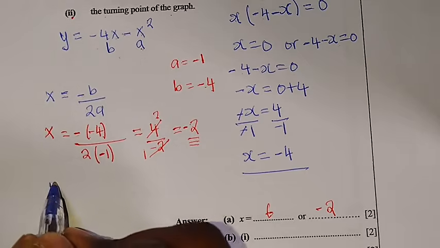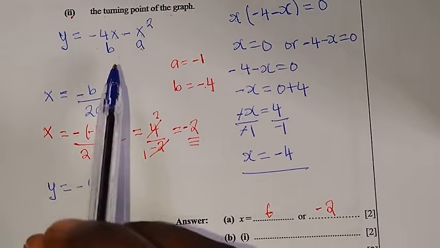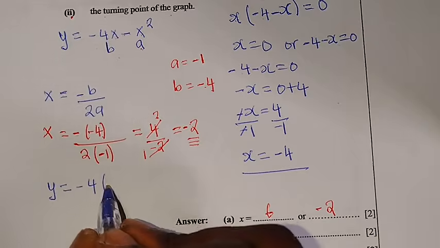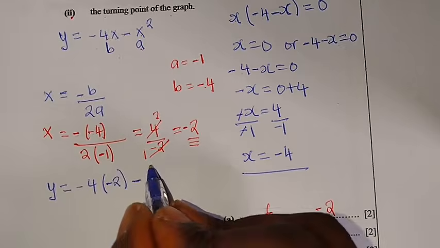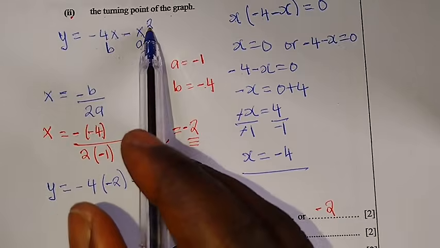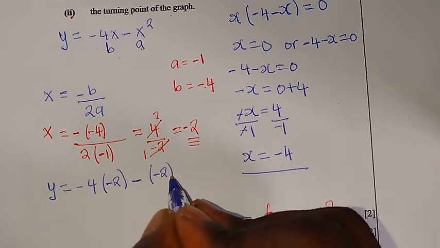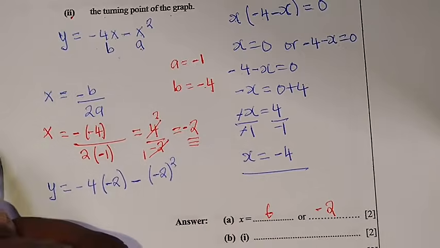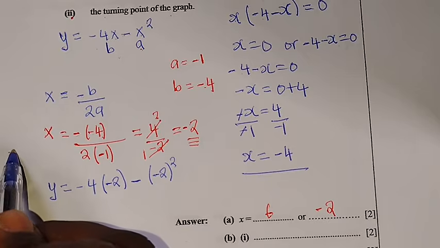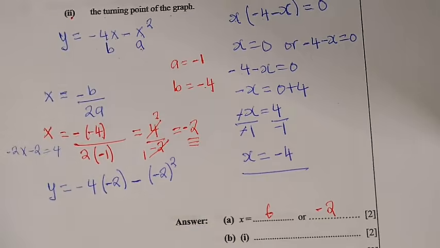So y is equal to negative 4, open bracket, negative 2, cross, minus, then x squared, which is negative 2 squared. Negative 2 times negative 2 gives us a positive 4.